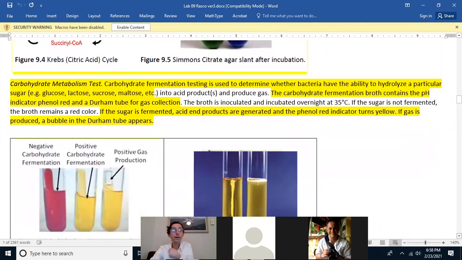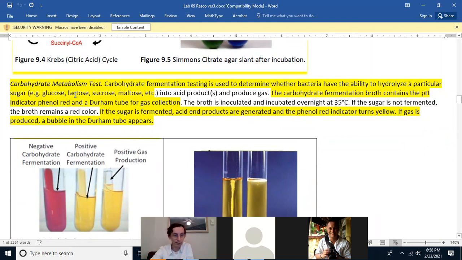All right, the carbohydrate fermentation test, or the carbohydrate metabolism test, is looking to see if the bacteria can utilize one of the sugars in the tube, and each tube only has one sugar in it. I think I gave you a lactose fermentation test.